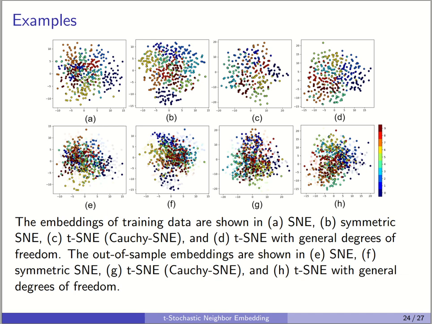So we show here some examples. For example, here these are the embeddings of training data. These are the embeddings of out of sample or test data. In this lecture we have not covered out of sample embedding by SNE and t-SNE, but you can read our tutorial for out of sample embedding. Here in the first column it is SNE.